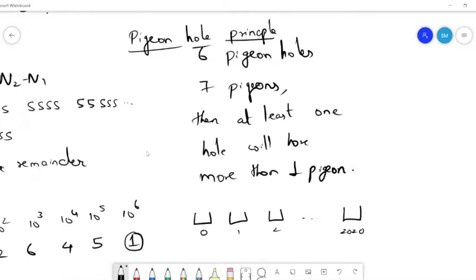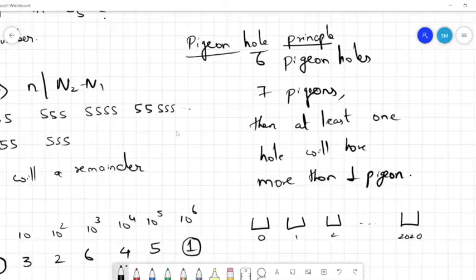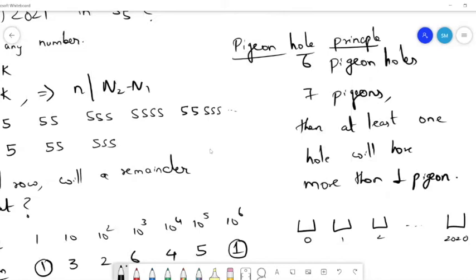How many pigeons are there? There are infinite pigeons, so at least one hole will have infinitely many repetitions. So there will be one remainder which occurs an infinite number of times.